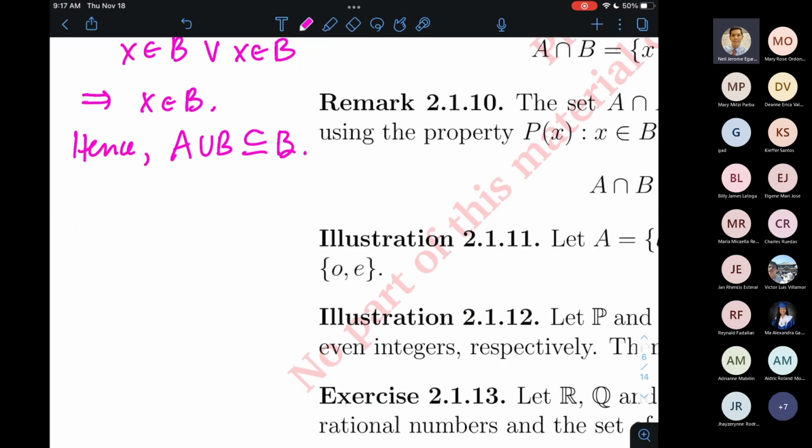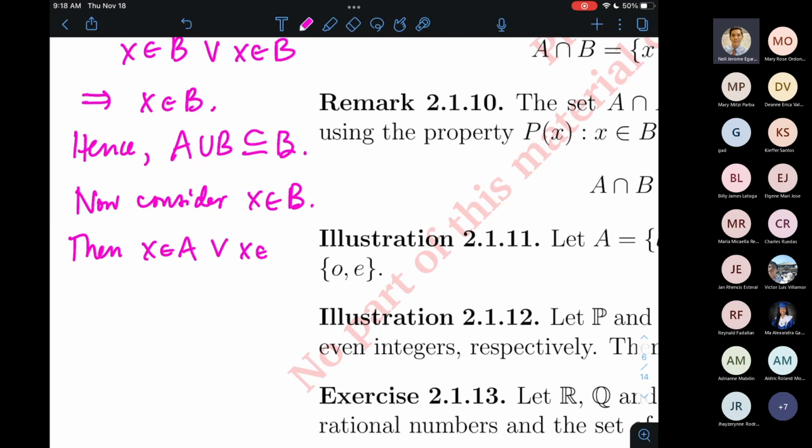So here I will assume now we consider an X element of the set B. All right. If X is an element of the set B, then X is an element of A or X is an element of B by addition. Okay, remember, addition is a valid rule of inference. Pag meron ka ng statement o proposition na alam natin to be true, pwede ako magdagdag sa kanya ng isang disjunct.